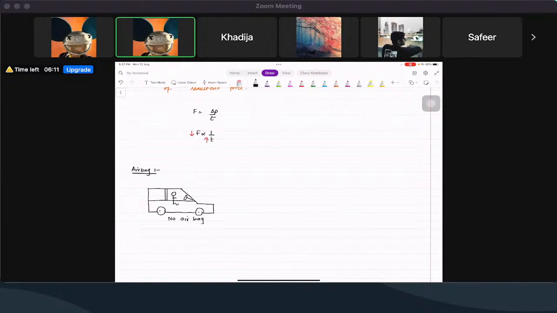This car is traveling at a velocity of 30 meters per second, and when it crashes, it is for only 0.2 seconds. The mass of this person is 80 kg.